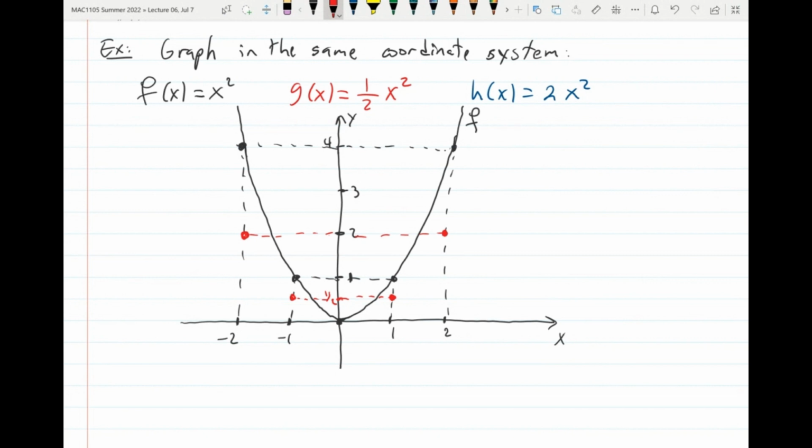So what's happening is that we're taking this picture and we are not affecting the x values, but the y values, we are cutting those by 1/2. So we are dividing those values by 2. In other words, we are making this picture get closer to the x-axis. Do you understand this? So if you sketch, we get this sort of shape. It's a shape that's closer to the x-axis.